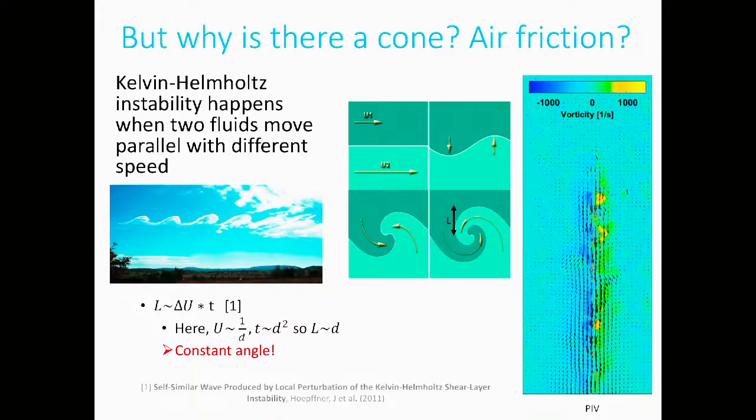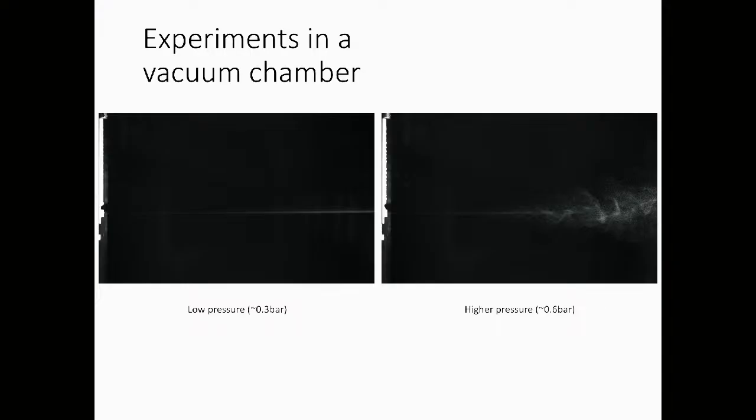So this is the intensity of the vorticity, and you can see that there's a well-defined wavelength where the vorticity is large, and so this already looks a bit like the Kelvin-Helmholtz instability. But the proof of the pudding is in the eating.